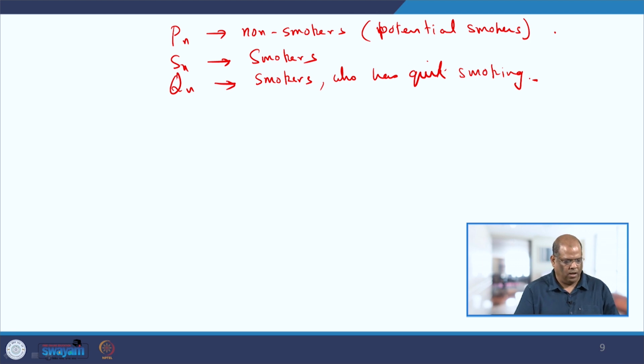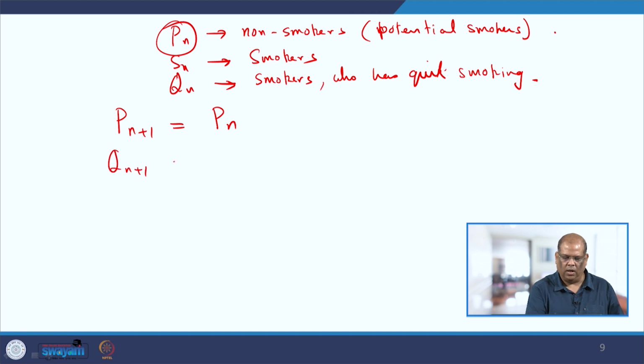So if you want to model such a thing, this is the number say after n years. So Pn plus 1 will be equal to Pn, Sn plus 1 is equal to Sn and Qn plus 1 equal to Qn.